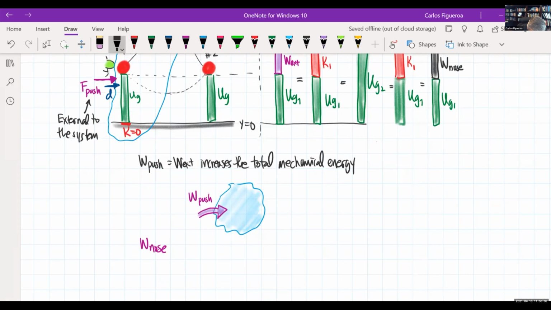that work of the nose did what? That work of the nose was also external to the system, and it decreased the total mechanical energy.